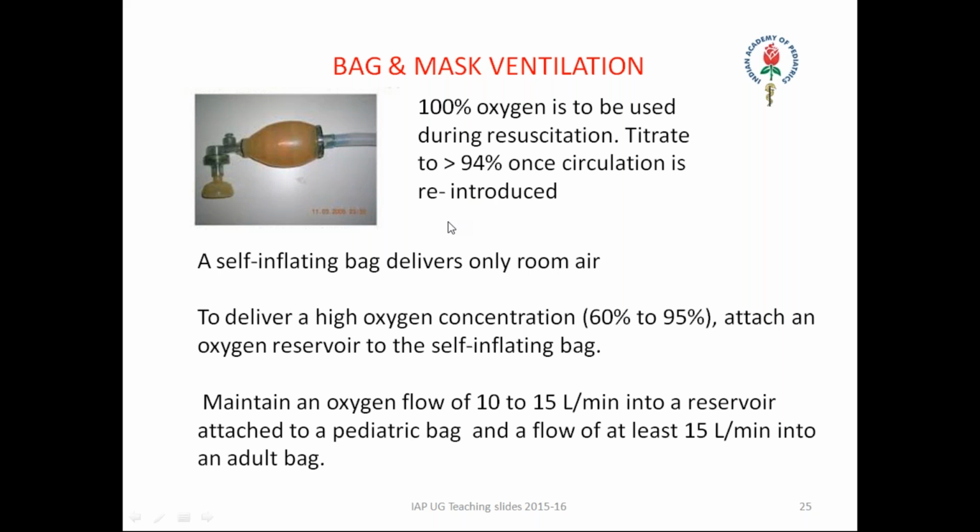Now, what are the contraindications of bag and mask? If a child has meconium aspiration syndrome, or meconium aspiration is there when the child is delivered, then you should not use bag and mask. And also in congenital diaphragmatic hernia. What is congenital diaphragmatic hernia? All the intestinal loops are present in the thorax.